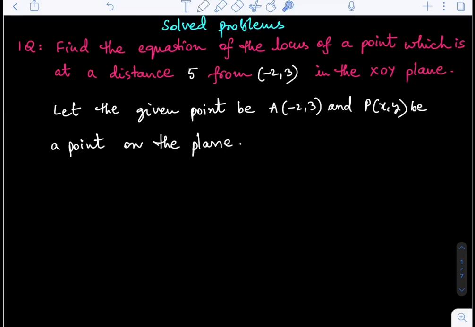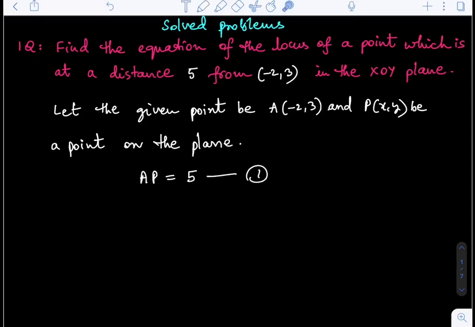Geometrical condition is that point P is at a distance 5 from -2, 3. So this is A, point is P. So AP is 5. That is the condition. We have to take it. That is AP is equal to 5 given in the question. Please treat it as equation 1 here.